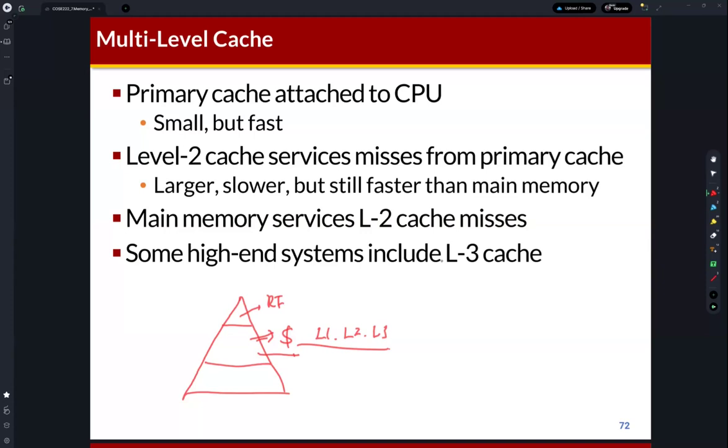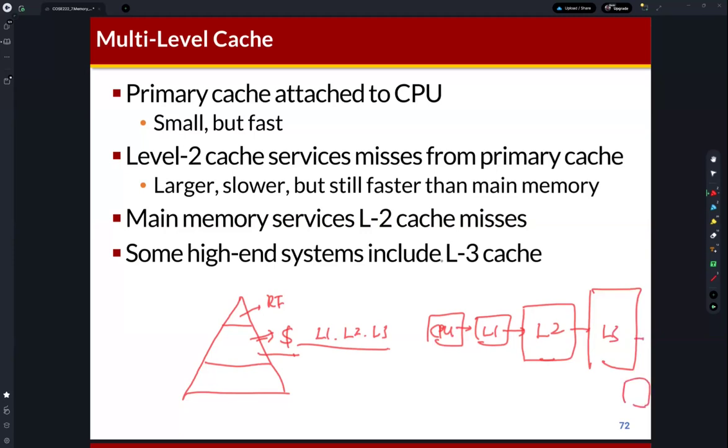The CPU first accesses the level 1 cache, and if level 1 misses, the CPU accesses the level 2 cache, and on a miss it accesses the level 3 cache, and on a miss it goes to memory.